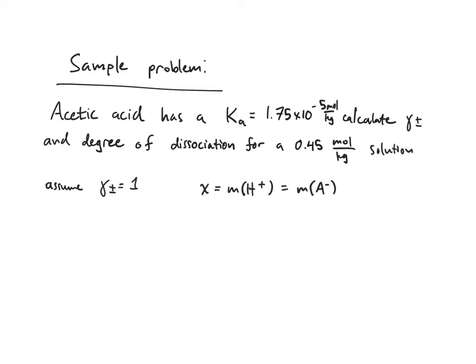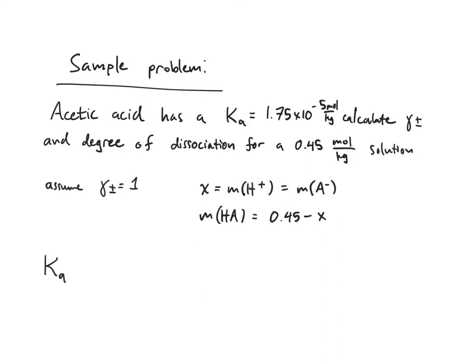And this molality of HA, at least starting, is going to equal 0.45. And then later on, as the acids dissociate in our calculation, then x molality of those will disappear. So we have minus x.